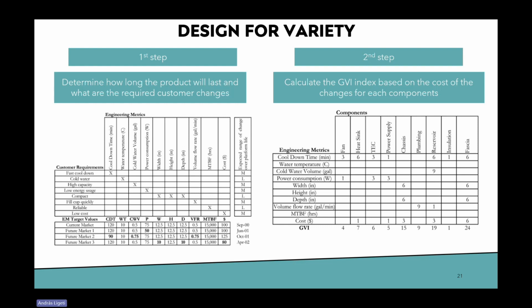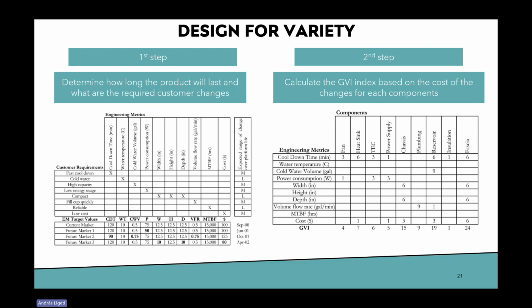You have to map those engineering metrics to the components in the system. So for example, if you want to reduce the cooldown time because your customer wants you to do that, then you have to redesign the fan in your system. You have to redesign the heatsink, and you have to redesign other components as well in your system.